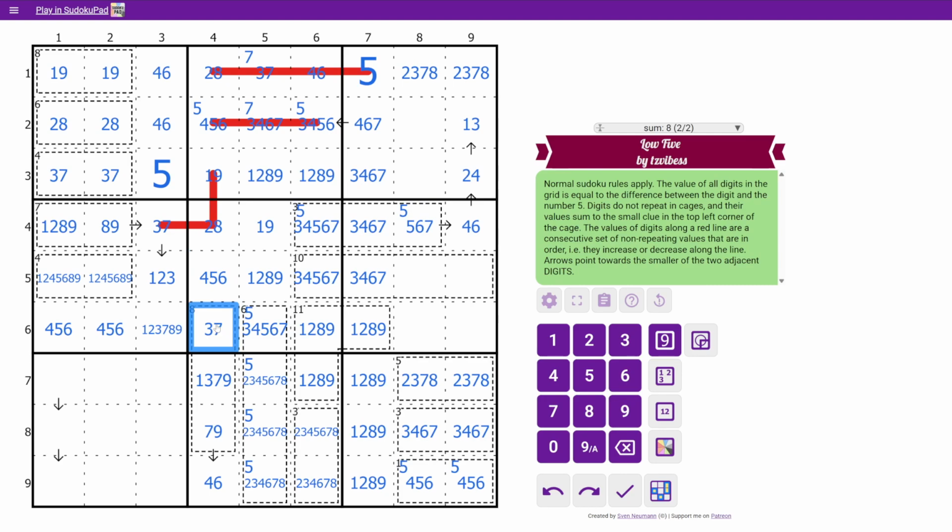This is a 2 value. One is on this top row. This is not a 1.